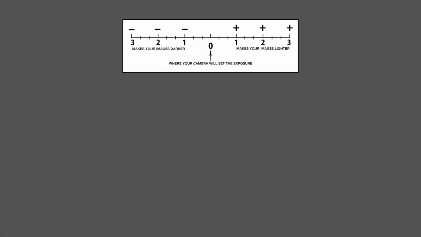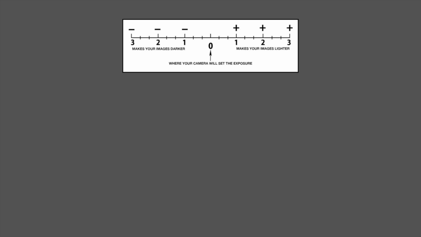Depending on the scene, the camera determines the exposure and sets it to 0, which becomes the exposure the camera has determined to be appropriate for this specific scene. But as a photographer or a user, you might think the image could be a little brighter or a little darker, depending on how you want the output to be. You can override the exposure here.